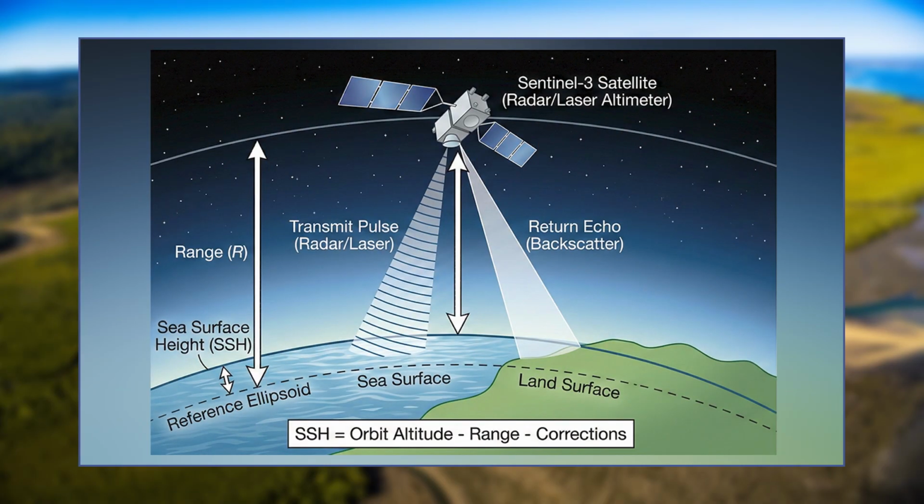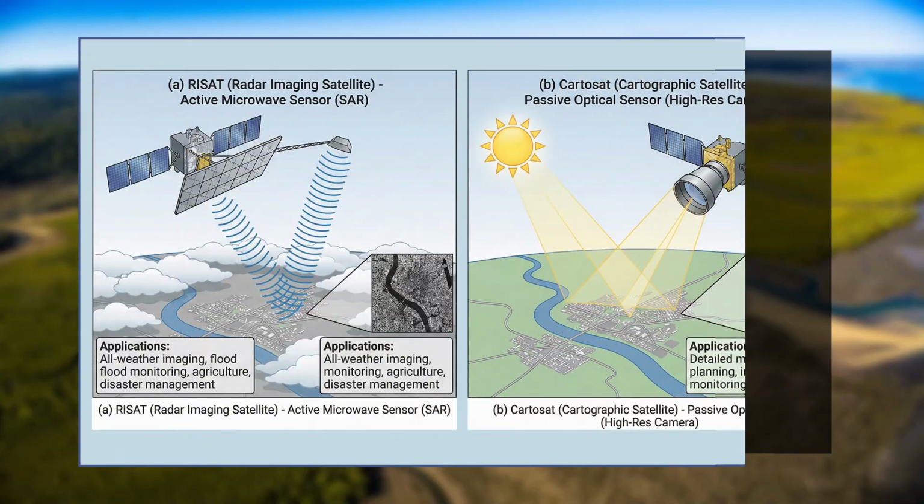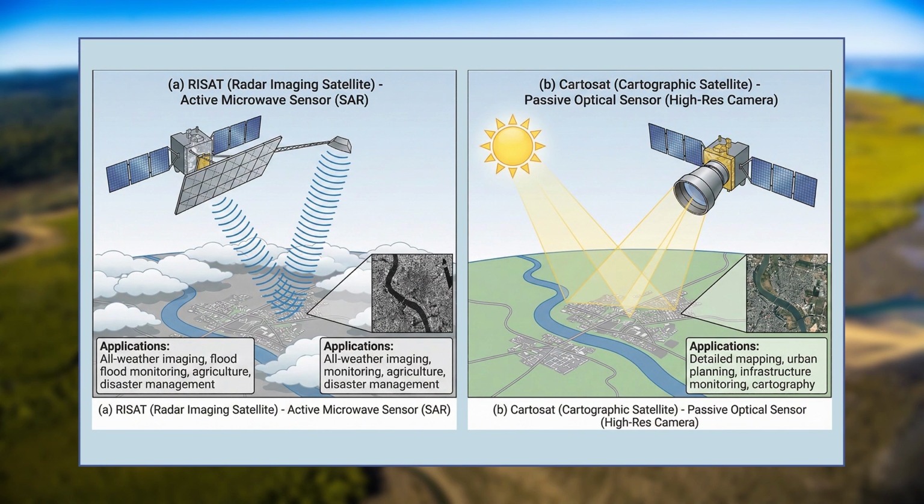Radar or laser altimeters, for example, in Sentinel-3 satellite, send a signal towards the water bodies and record its return time. This gives precise estimation of water elevation. Indian Space Research Organization or ISRO uses satellites like RISAT and Cartosat to estimate and forecast river flows.